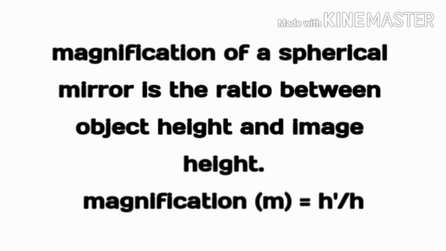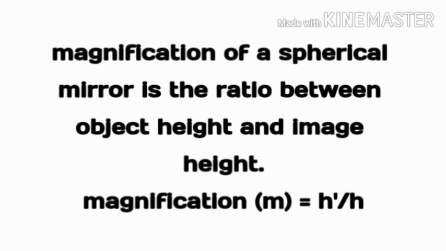Sometimes highly diminished images are obtained, sometimes same sized images are obtained, and in other situations highly enlarged images are obtained. So with respect to the size of the object, what change happens to the size of the image? That actually gives the magnification of the spherical mirror.